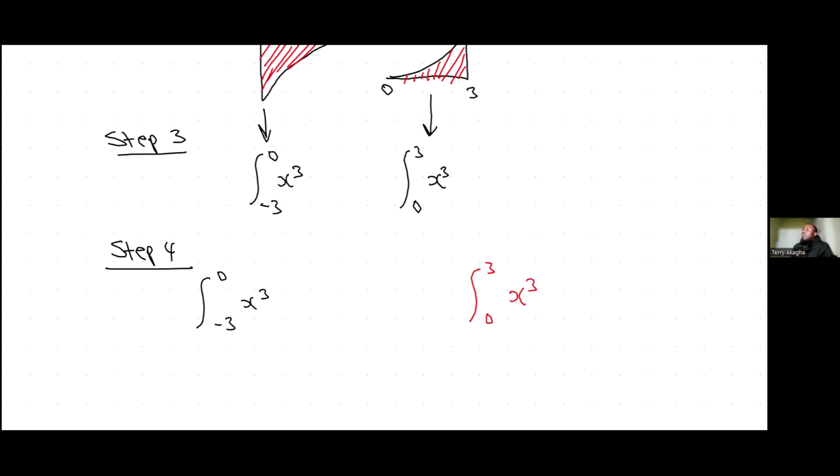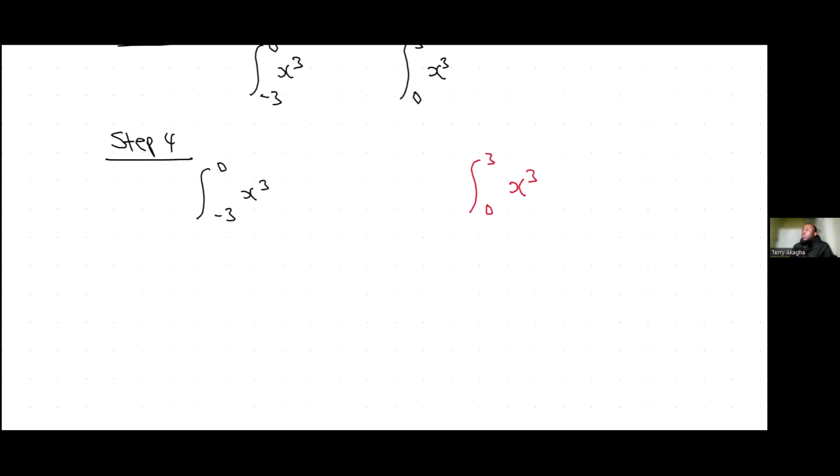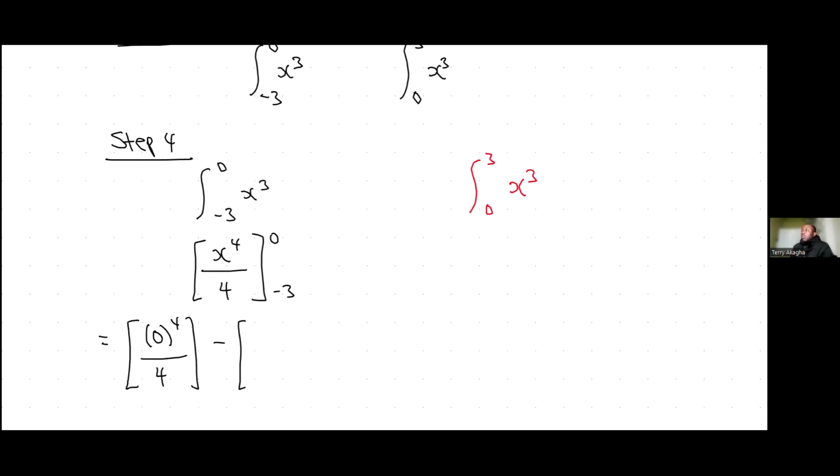So as usual, you add 1 to the power, then you divide by the new power, between 0 and -3, okay? Like I always say, you put in 0 and you subtract where you put -3. So putting in 0 gives us 0, minus -3 raised to the power of 4 divided by 4.